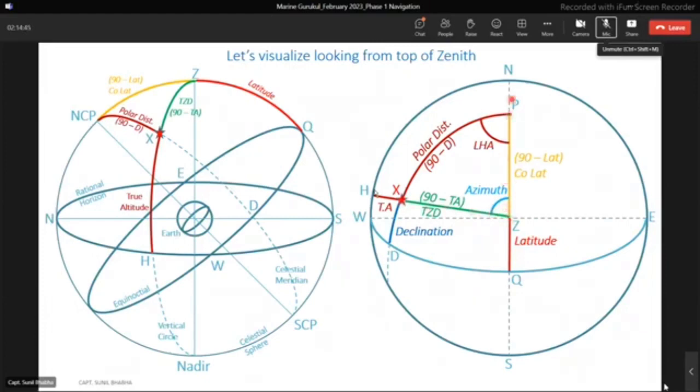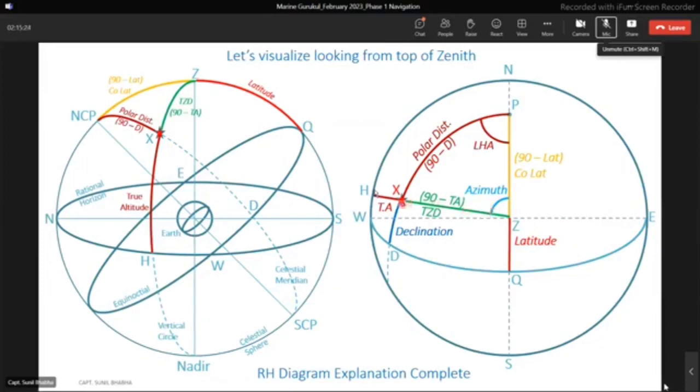The side PZ, or NPZ, represents true north, and the side ZX represents the direction in which the celestial body is. So this angle tells us the direction of the body with respect to true north. This is the quadrantal azimuth of the body, or the azimuth in the quadrantal notation.